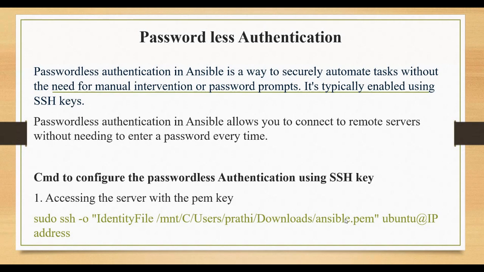This is the Ansible key file located in this directory, Users/prati/Downloads. So it's located here. This is the key file. For ubuntu@IP address, we need to specify the IP address of the instance. So it connects to the remote machine at the given IP address using the Ubuntu user.